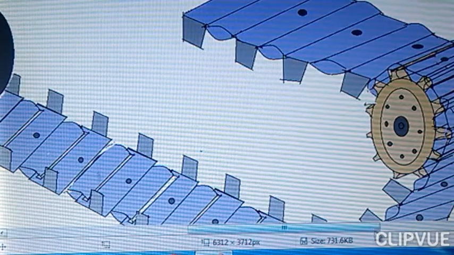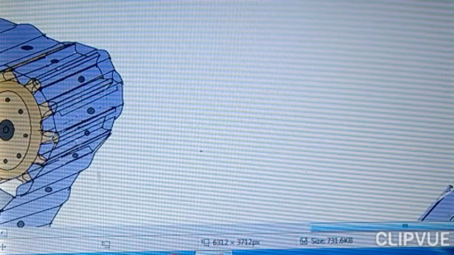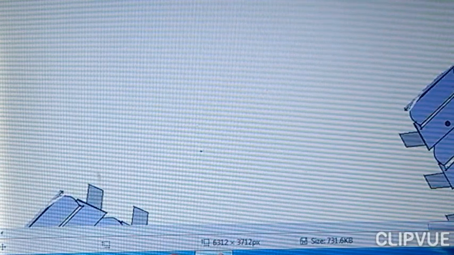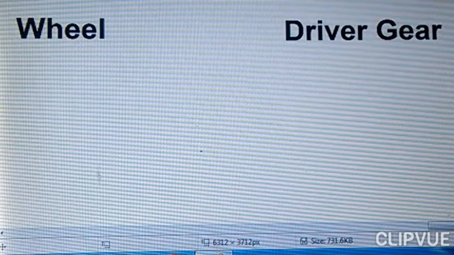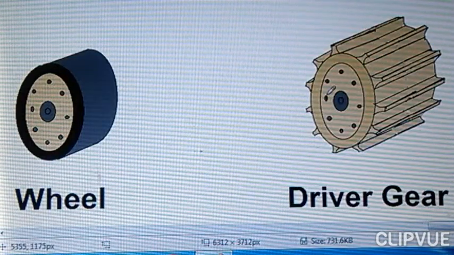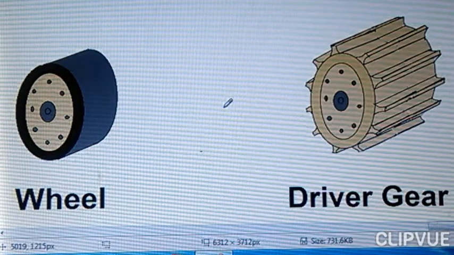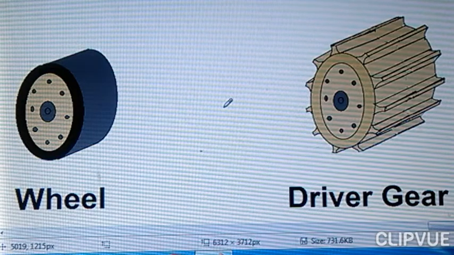The driver gear, as we see here, this one is a conventional spur gear.